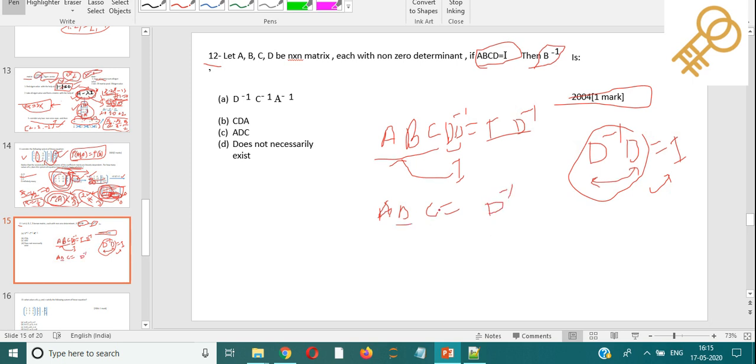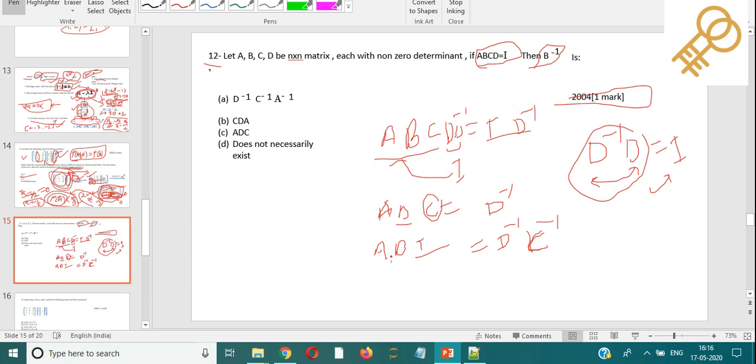Again we have to eliminate C, so I'll multiply C inverse on both sides at the right hand side. Multiplying C inverse gives I, and the right hand side becomes D inverse times C inverse.